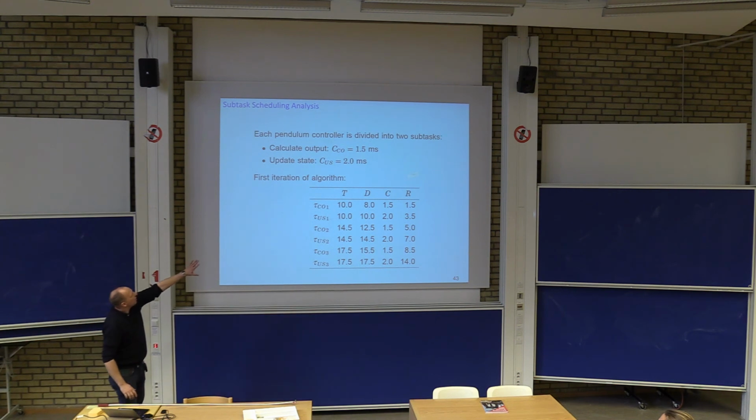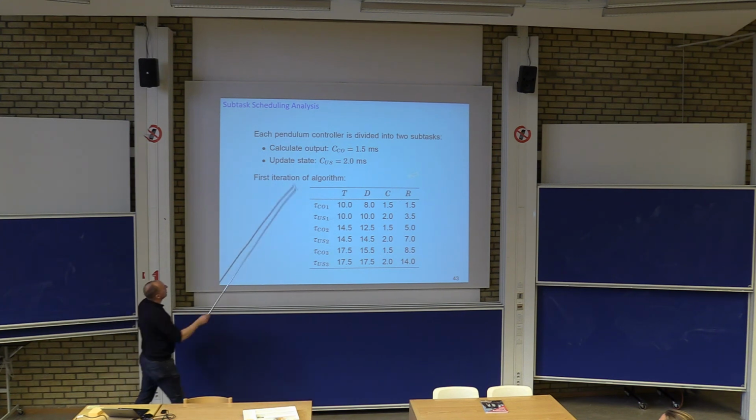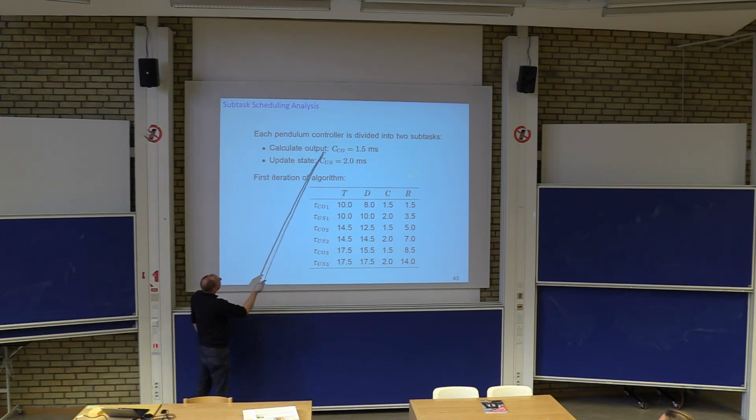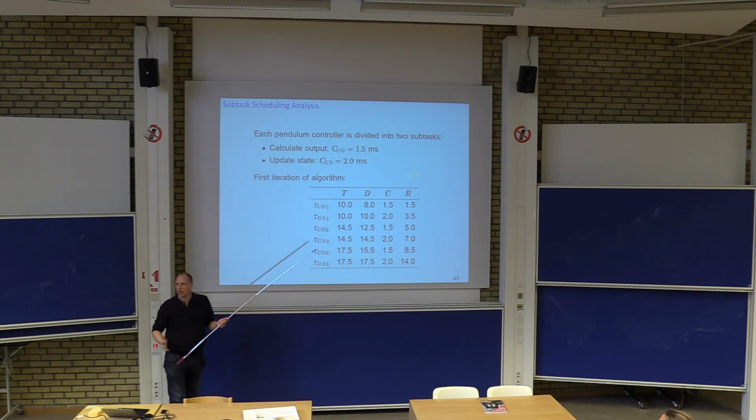But if you now run the algorithm that I just introduced, where we divide the control task into the calculate output and the update state, and we assume that the times look like this, we run through the algorithm and will have 6 tasks now instead of 3.